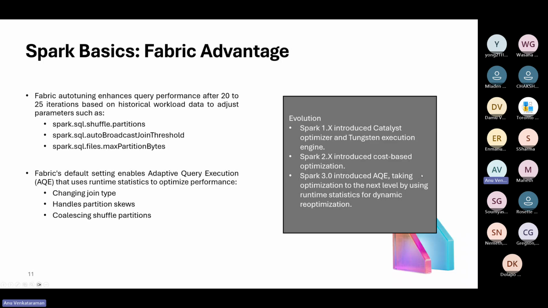So the next part, I'll share a bit about 2 things, and then we will quickly dive into another profiling section. Fabric also offers some features to optimize your Spark code.